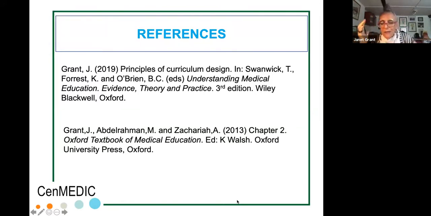It terrifies me when I hear people talking about students having to be self-directed learners. That is frightening. So it's like saying to me, Janet, you want to be a surgeon? Go and be a self-directed learner. No. So you have to have all of those things and take all of those things into account, and you will reach the design that's right for you. It's macro and it's micro.